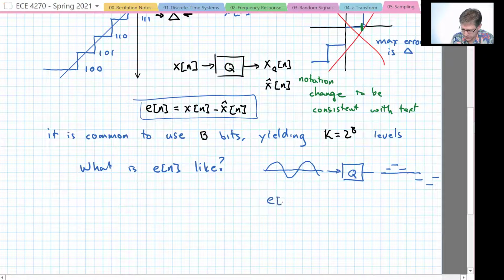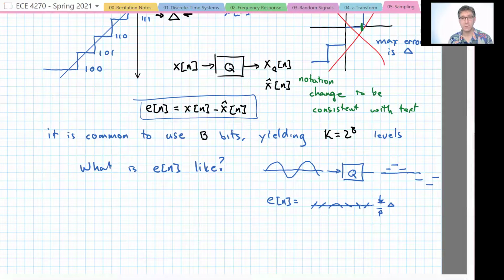The error is going to look something like this, where the difference between levels is delta. So basically the error looks like all the chopped off parts of the signal, like you might expect.